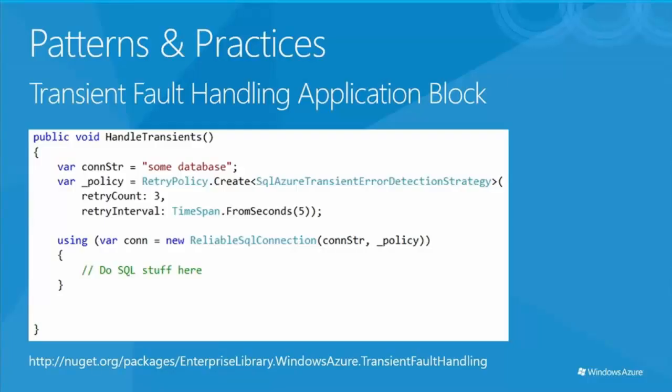Now, you want to be smart about it because you don't want to just continually hammer and retry it. So what you want to typically do is do what's called an exponential back-off logic. This is kind of a simple pattern that the Patterns and Practices library has. Basically, it says, in this case here, try doing the database connection operation 3 times, and then back off up to 5 seconds if there's a failure.